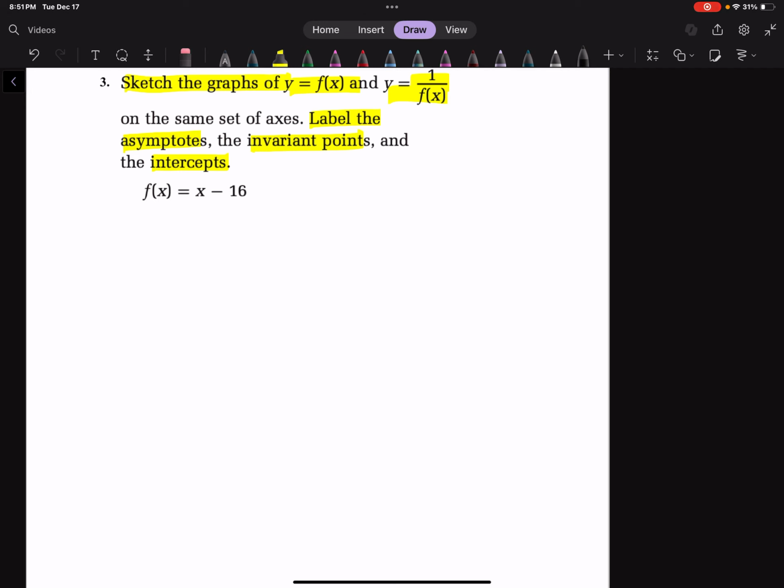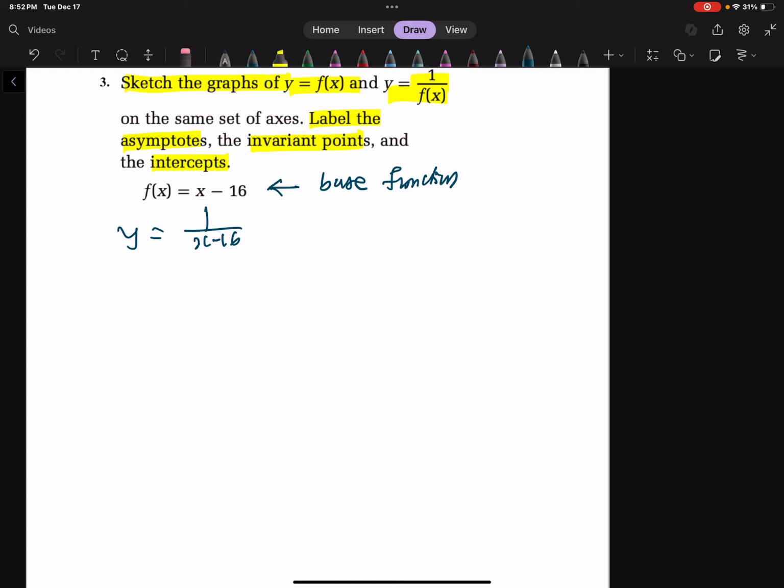Basically, an asymptote is a line that the graph approaches but never crosses. Now f of x equals x minus 16, which is the base function or parent function. The reciprocal is y equals 1 over x minus 16.